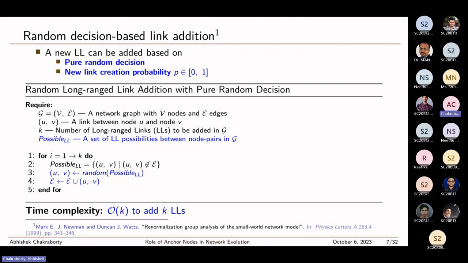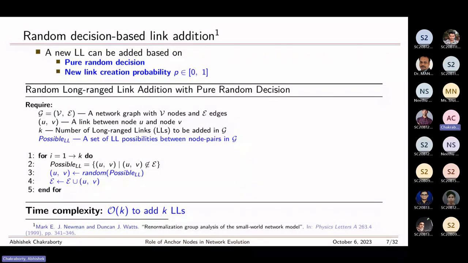V is the number of nodes and E is the existing links between the nodes, and the network is connected. If the two identified nodes U and V are not already connected, then we add this random long link. Otherwise we will not add. And if it is done, then we add the link UV to E.